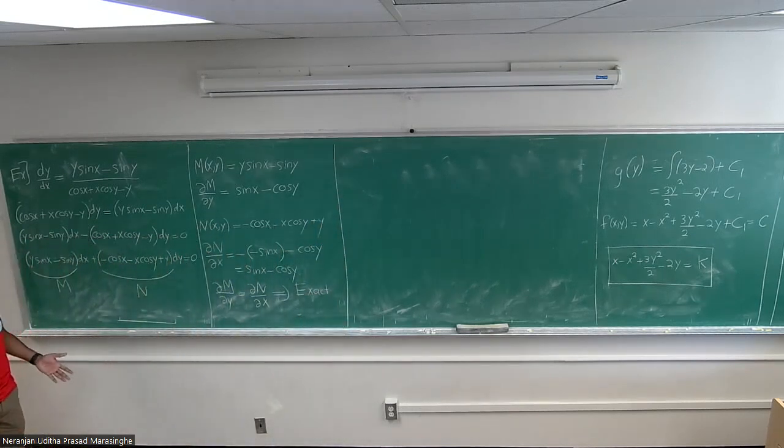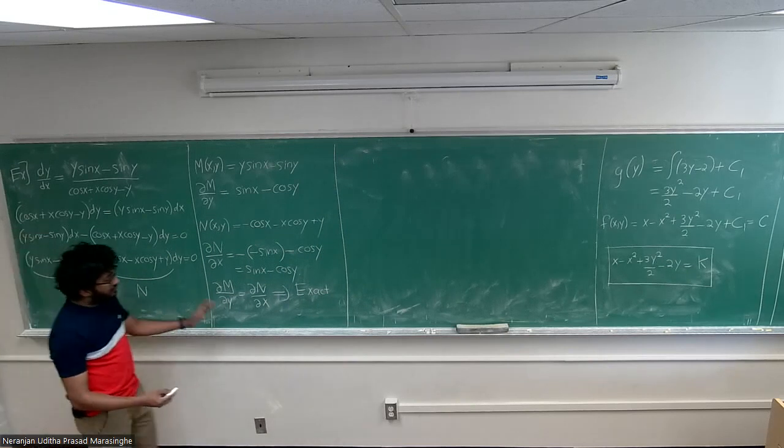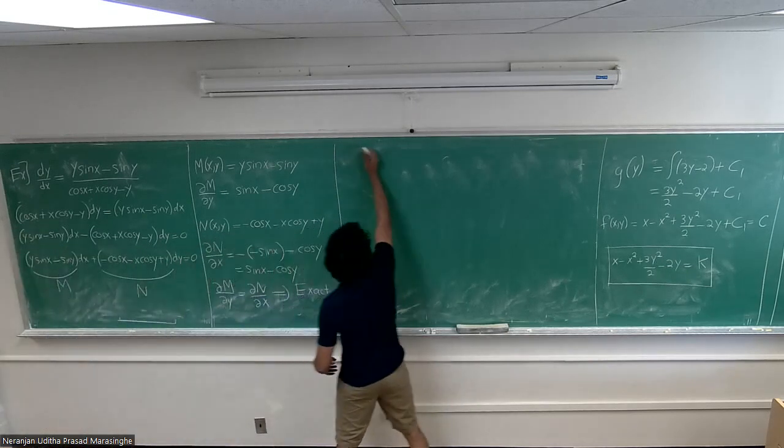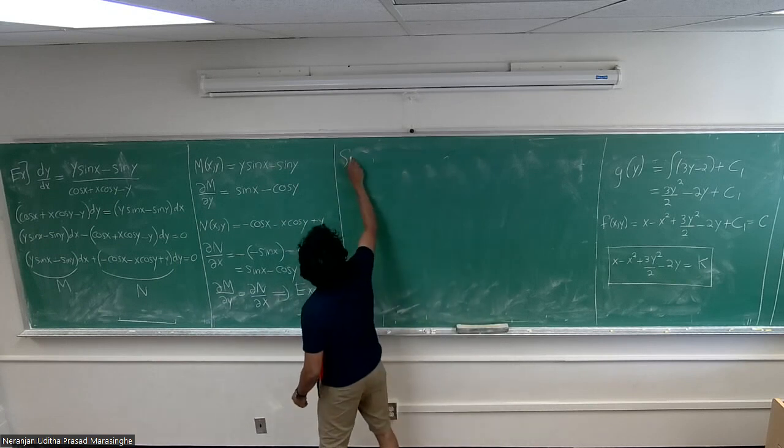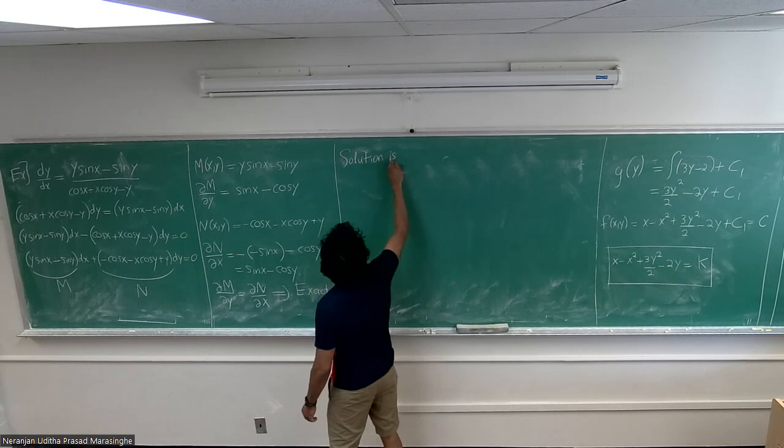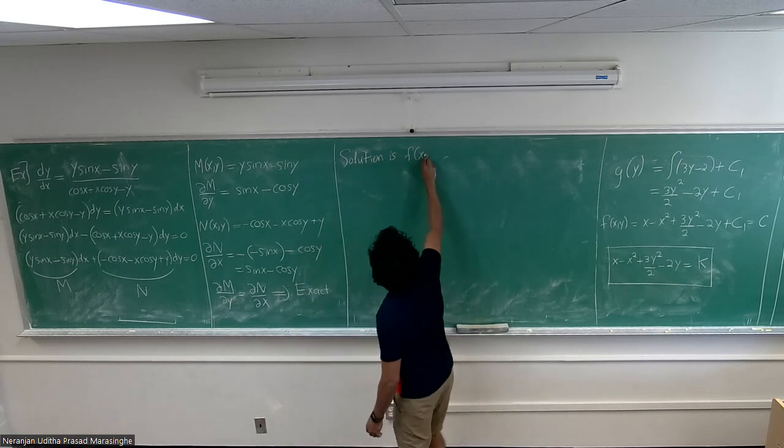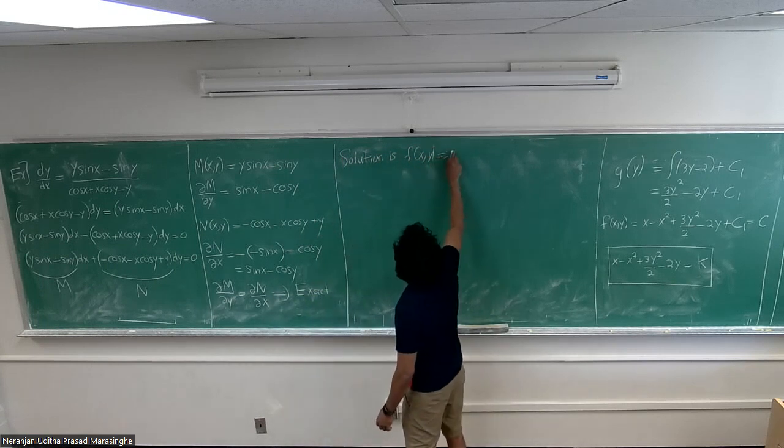Right. Now let's move to the difficult part. Now that we have checked the exactness, we know that the solution is going to be something like f(x,y) equals c. So we need to find f(x,y).